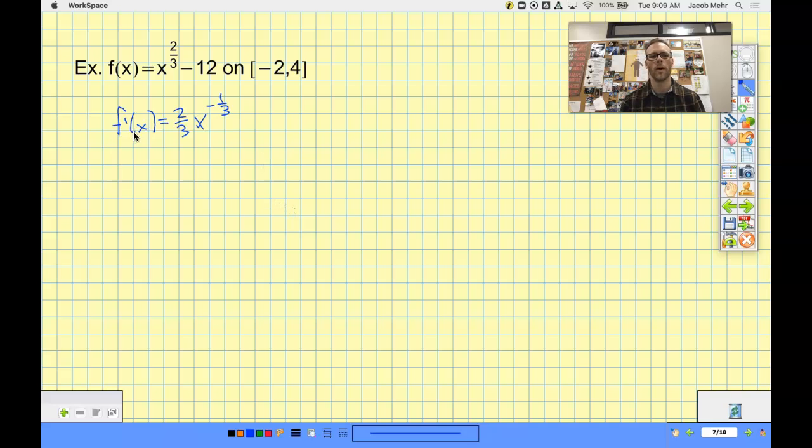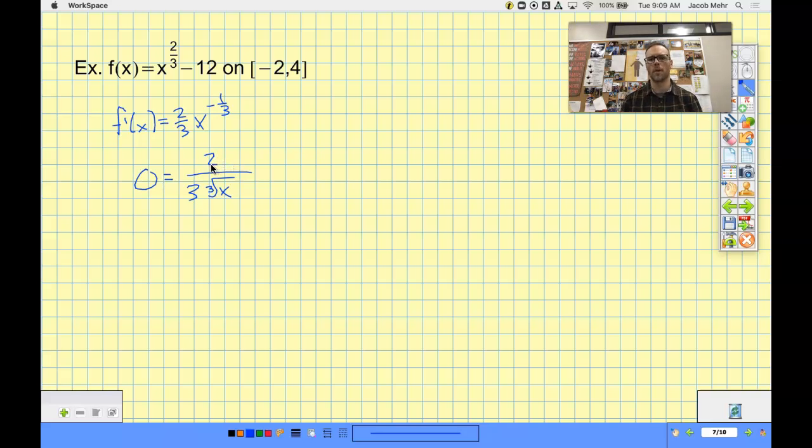Okay. So where is our derivative equal to 0? Well, that negative exponent really sends that down here. This is 2 over 3 times the cube root of x, right? So the negative moves it to the denominator, x to the 1/3 is the cube root of x. Where is this equal to 0? Well, fractions are only equal to 0 where the numerator equals 0.